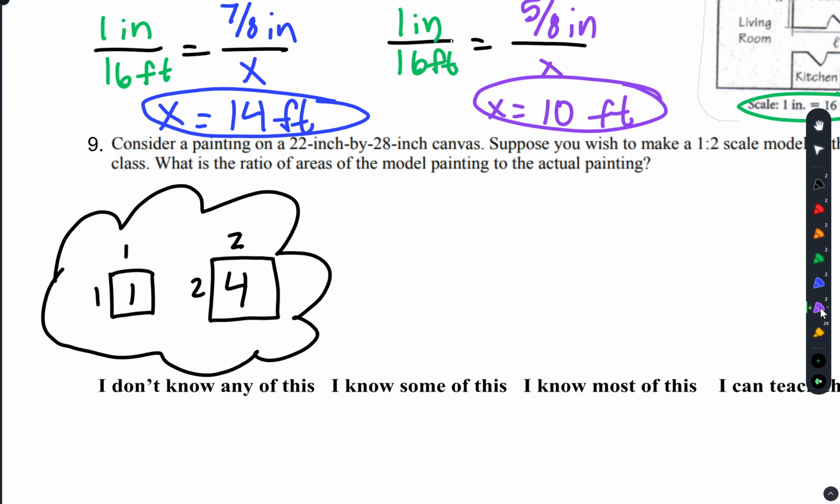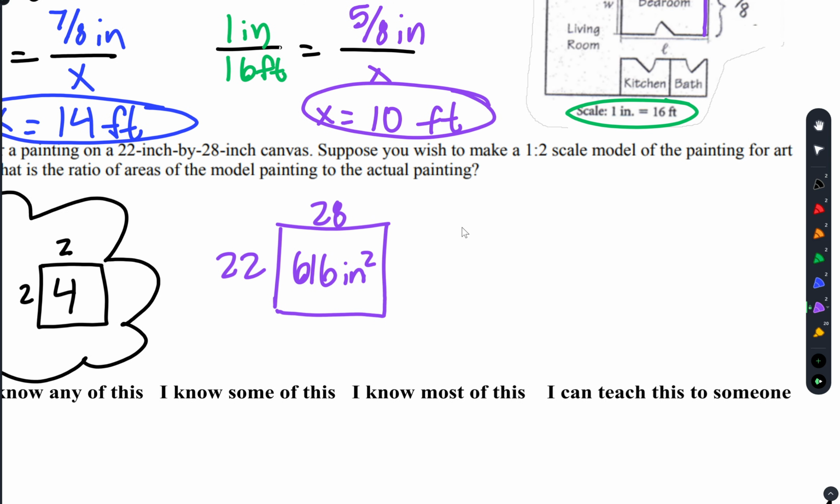So let's take our 22 by 28 canvas. The measure of the area of my 22 by 28 canvas is going to be 616 square inches. I'm going to make that painting 2 times as large.